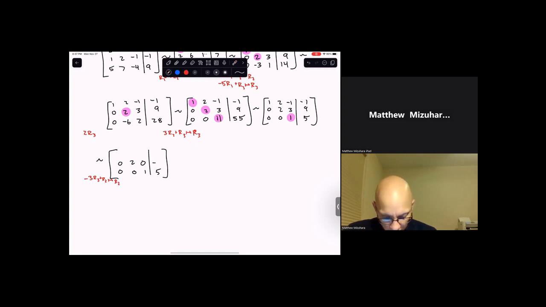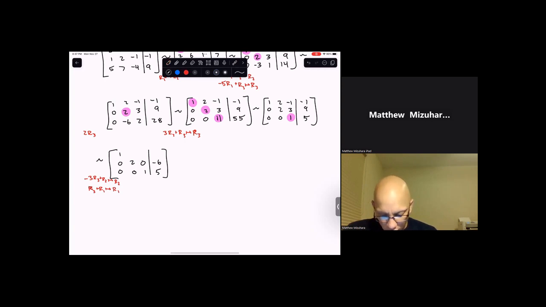And then while I'm here, I can also use this 1 to get a 0 in the -1 position. So let's go ahead and do that. That's going to be a row 3 added to row 1 to replace row 1.